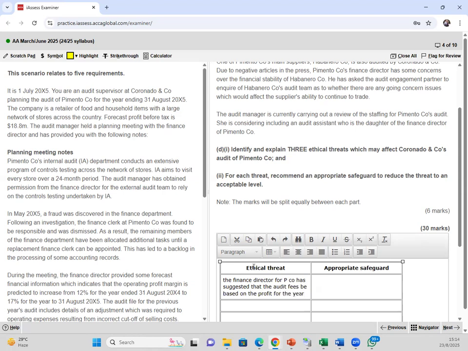So if it's an ethical threat, we need an indicator and an explanation of the threat. So this is an indicator. Then now let's explain the threat of our team.